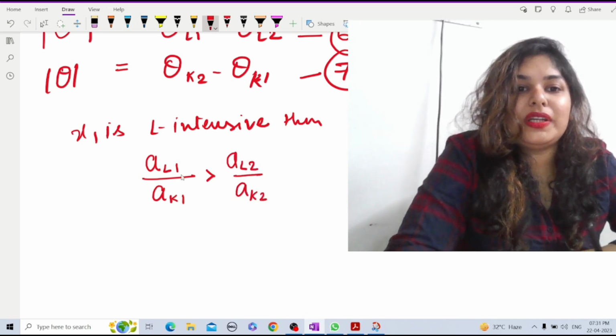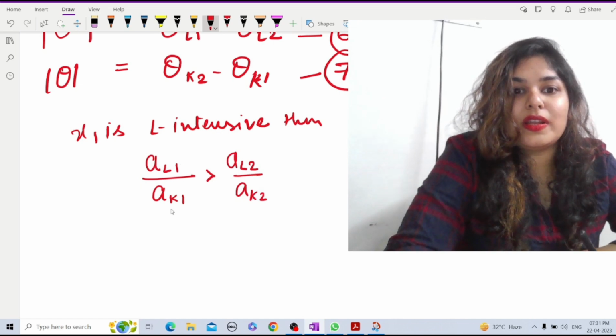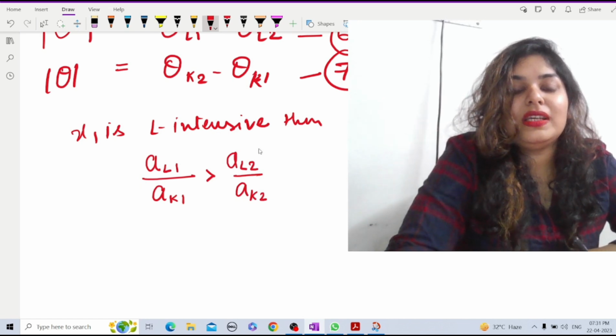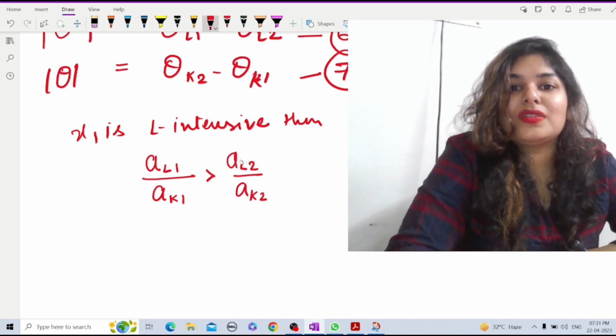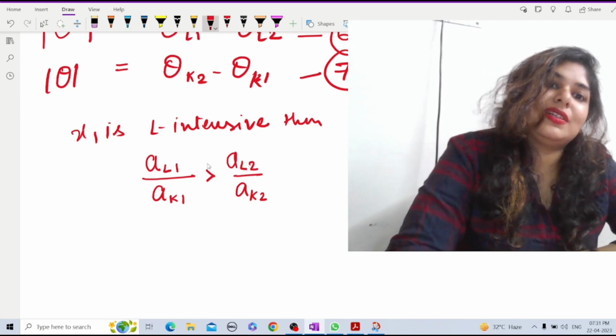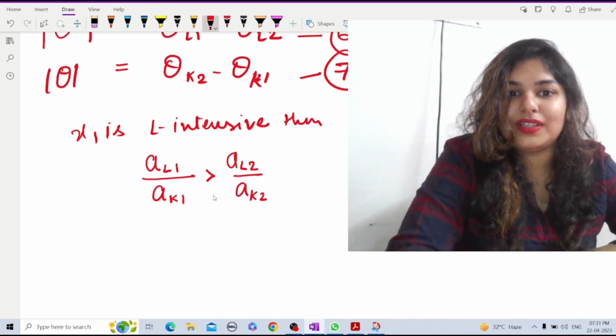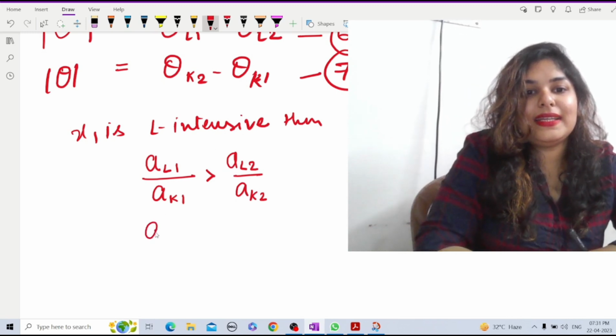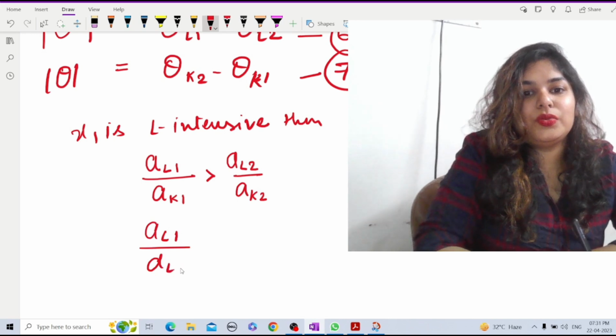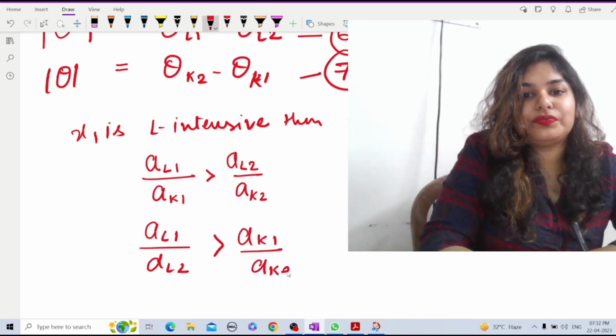This means for commodity 1, labor is used more with respect to capital. So obviously in 2, labor is used less intensively compared to capital. So this ratio for the first commodity is greater than for the second commodity, right? Now next line, AL1 by AL2 greater than AK1 by AK2. Okay.